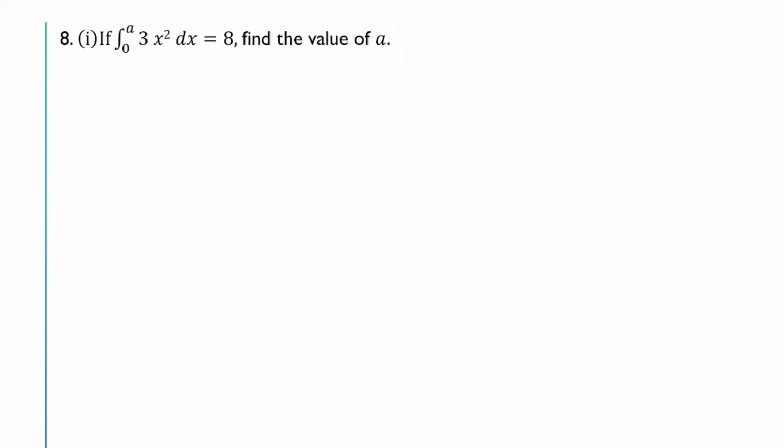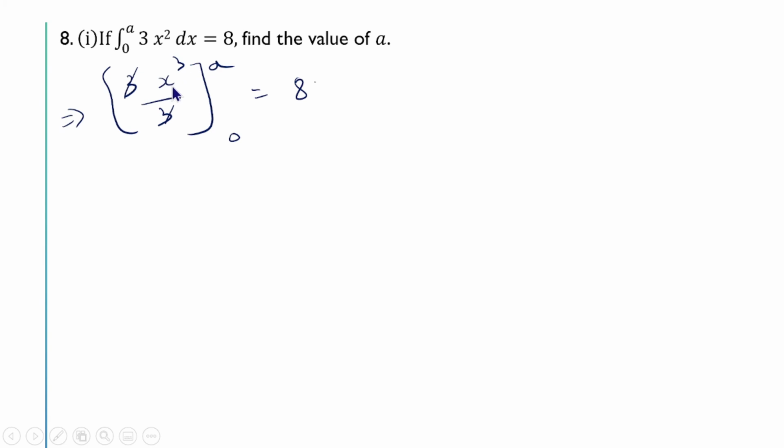The next question, if integral 0 to a 3x square dx is equal to 8, find the value of a. So we have to integrate, apply the limits, equate to 8, and from that we can find the value of a. So integral 3x square dx is nothing but 3x cube upon 3 from 0 to a equal to 8.